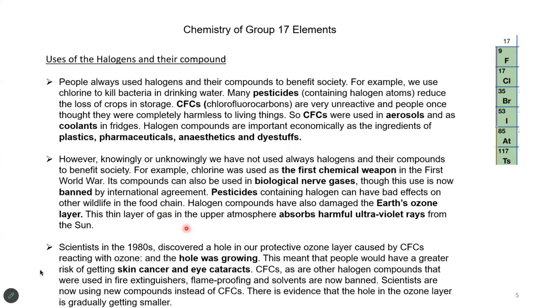But in the First World War, we first saw a chemical weapon that was a halogen-containing compound. Pesticides, if we use too much, have a bad effect on wildlife and the food chain.